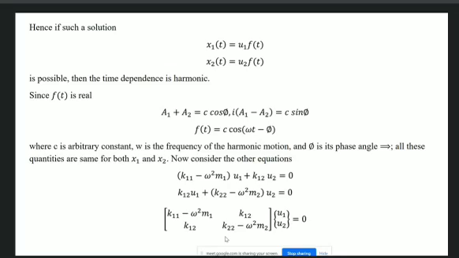That's how we can show that if there are more than one variable, then also we can get infinitely many solutions. But within these infinitely many solutions, there will be proportionality. That proportionality will be maintained. These solutions are called eigenvectors, and they are nothing but the mode shapes in the vibration problem.